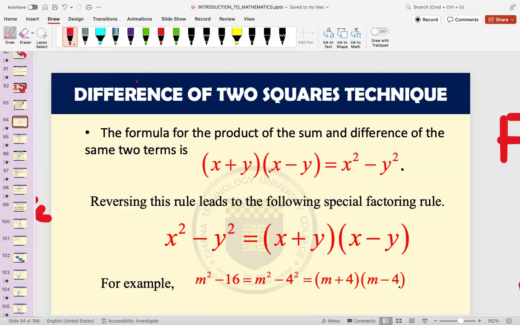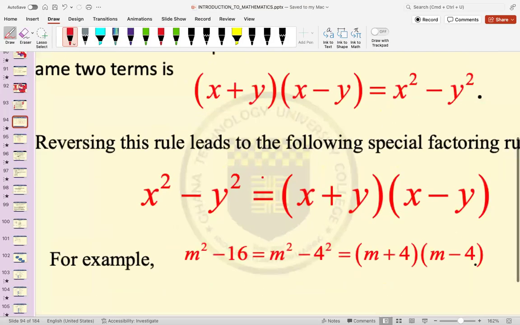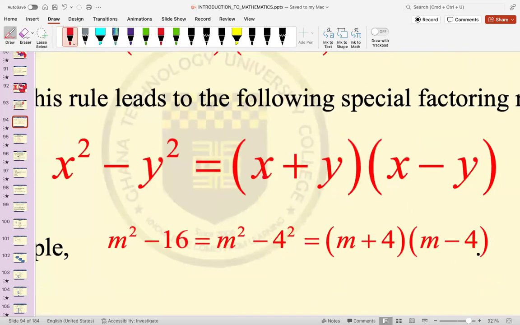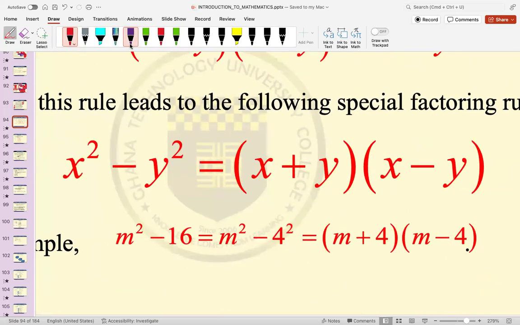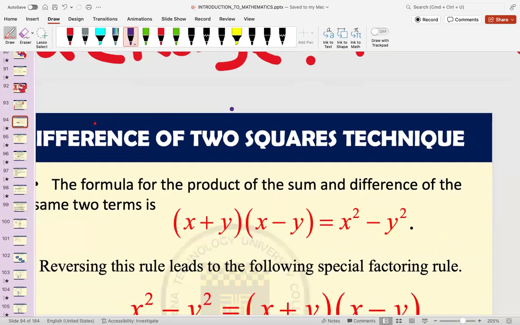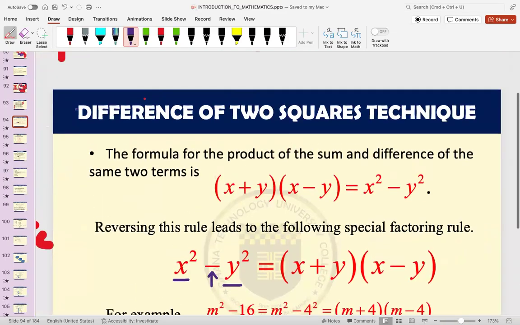Now, this is what the difference of two squares is saying. Anytime you come across two squares, I have x squared here, I have y squared here. Anytime you come across two squares and there is a negative sign in between the two squares, it is called the difference of two squares.